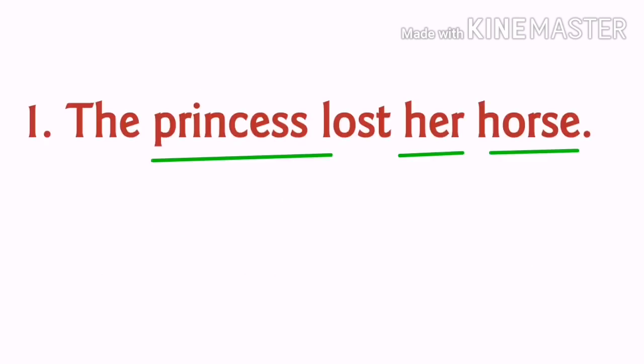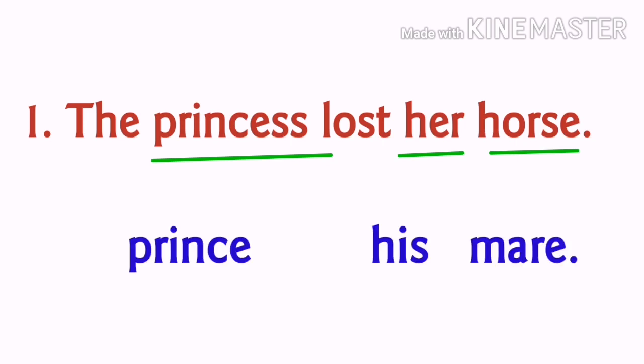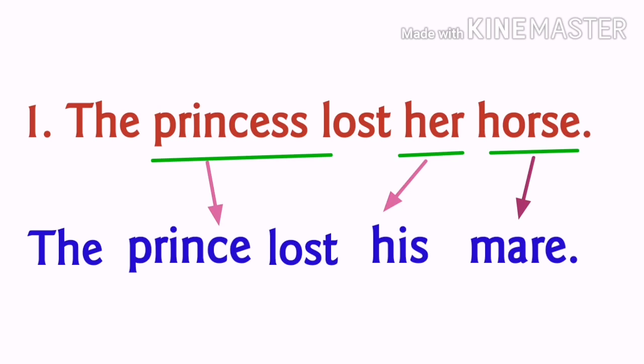See the next one. The princess lost her horse. Here the words princess, her and horse are underlined. So we need to change their opposite. What is the opposite gender of princess? Yes, it is prince. And we need to change the pronoun her to his.